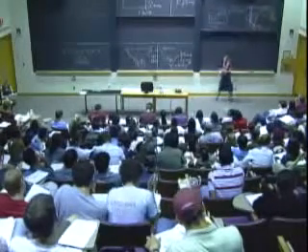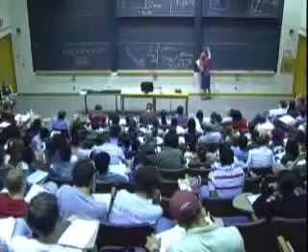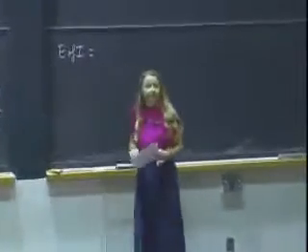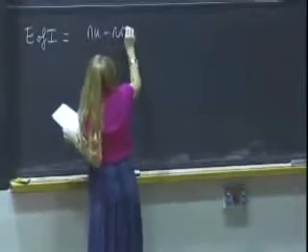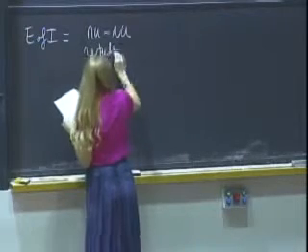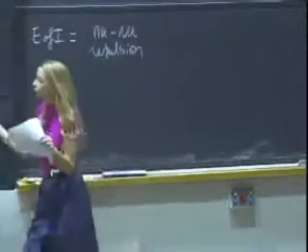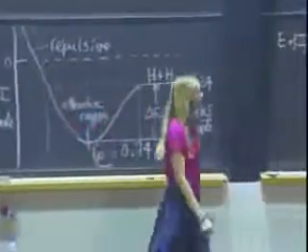Okay. So this energy of interaction is the sum of the nuclear repulsion. Pushing the two nuclei too close together, there's a repulsive interaction. So that's one of the interactions.